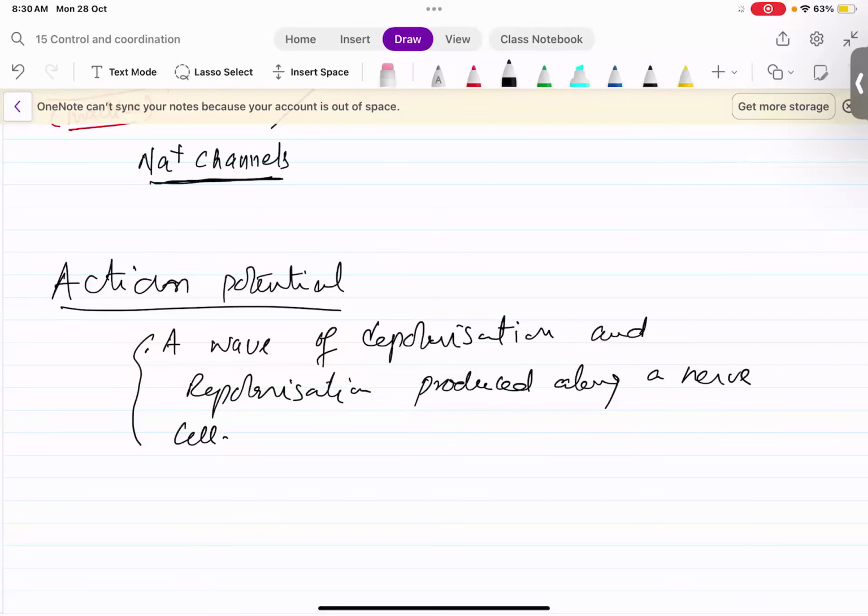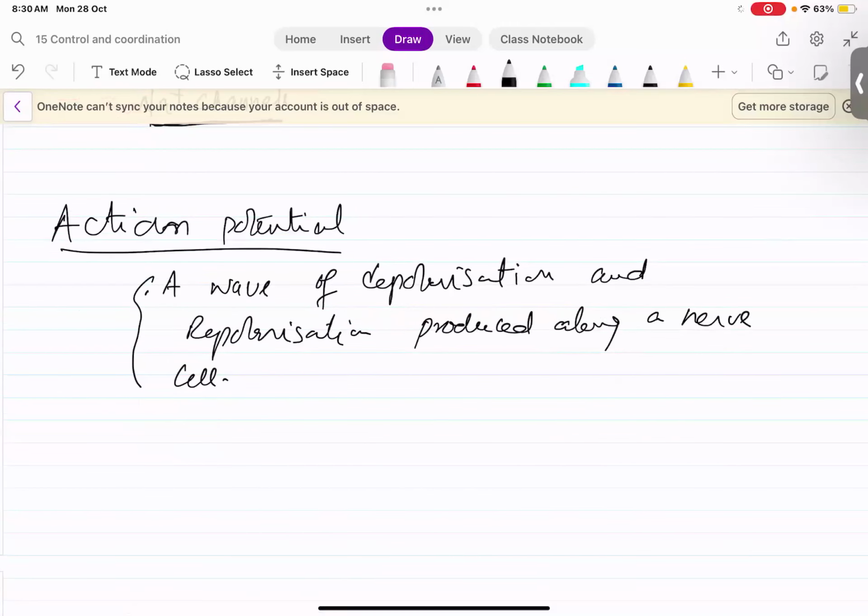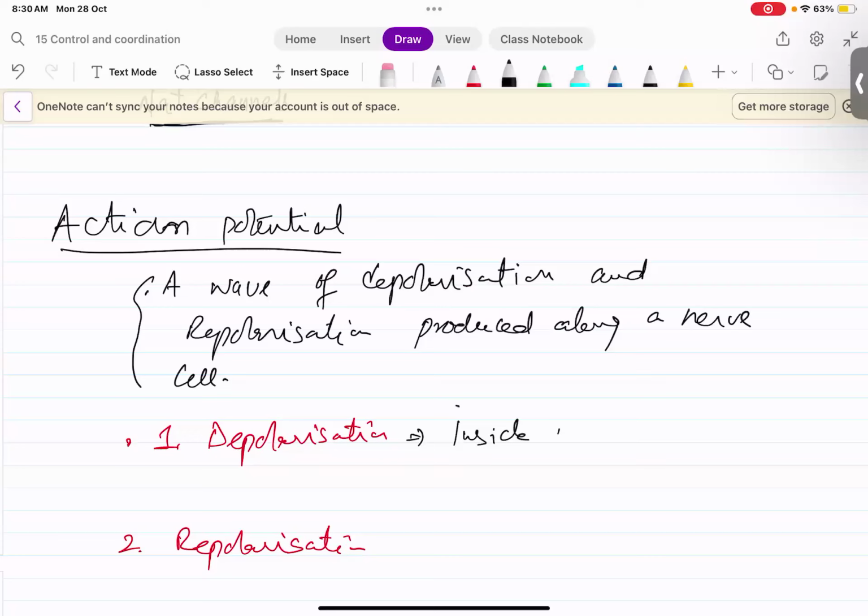This is divided into two parts: depolarization and repolarization. Depolarization is when the inside becomes positively charged, and repolarization is when the inside is negatively charged again.